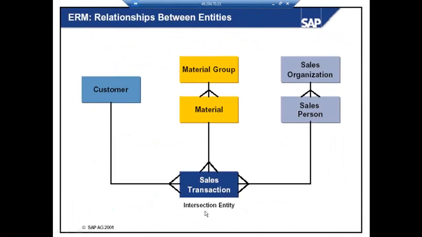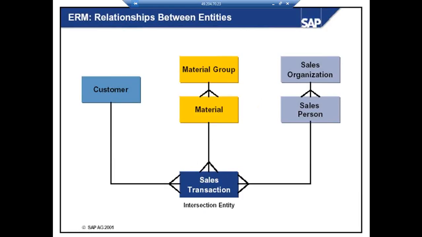The reason we call it the intersection entity is that whenever this transaction is performed, all these entities like customer, material, salesperson are involved here. That's why we call it the intersection entity. And one more thing, you can observe one important difference. Material is an entity, material group is also an entity, but there's a difference between these two.